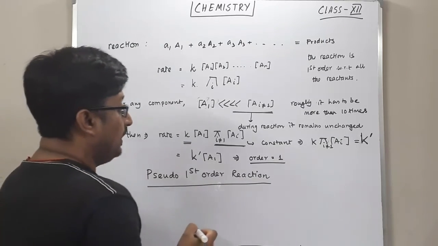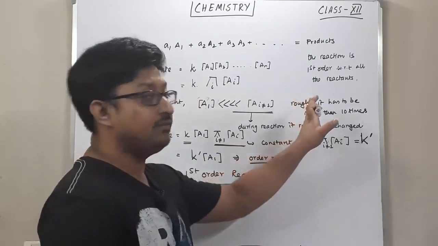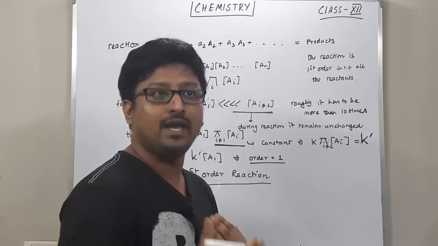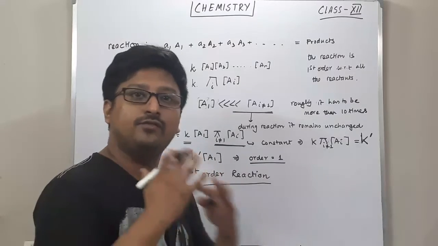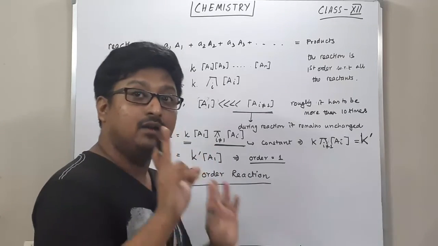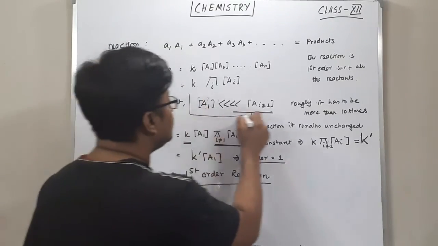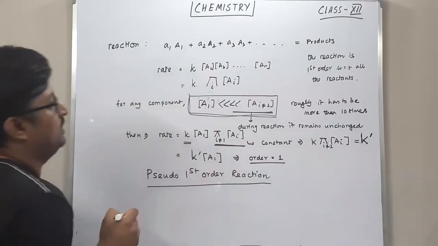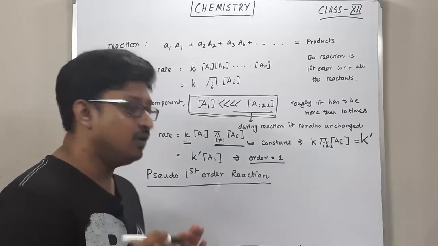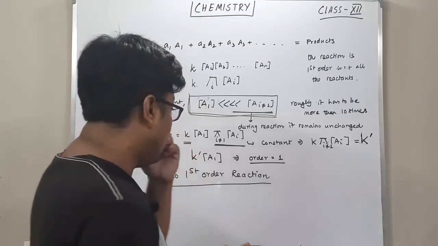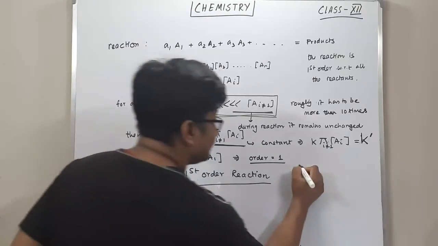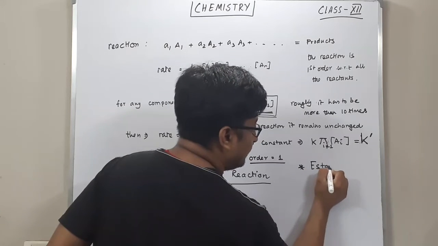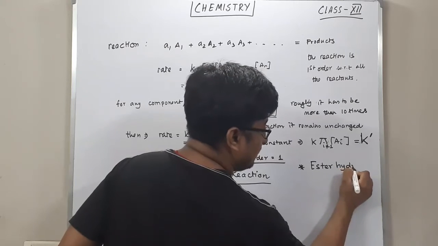The overall order of the reaction is not 1, but it appears to be 1, and indeed you can use first order kinetics here, provided this condition holds. This is called the pseudo first order reaction. For example, consider acid catalyzed ester hydrolysis.